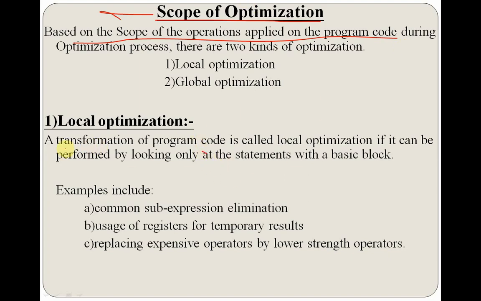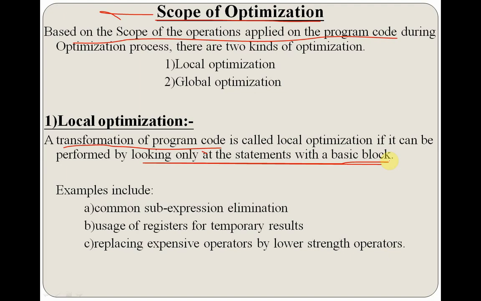A transformation of a program code is said to be local optimization if it can be performed by looking only at the statements within a group of statements, or within a basic block. Here a basic block is a set of consecutive statements which does not contain jumping statements. It is a collection of statements without altering the flow of execution.